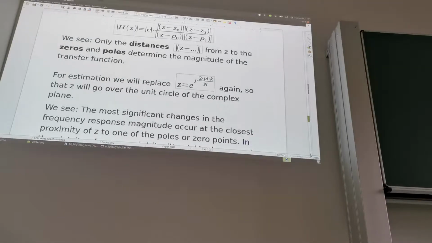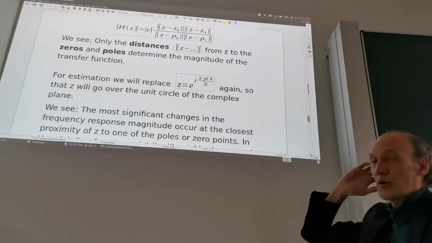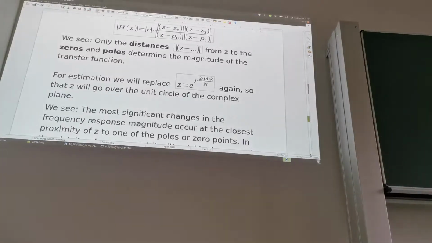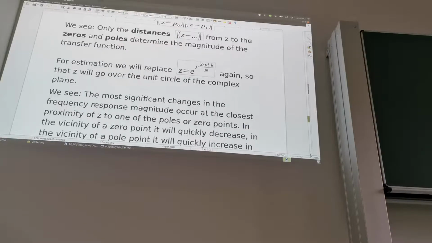Yeah, so for our estimation, we simply replace z by our points on the unit circle, so that z will go over the unit circle in the complex plane. So basically, we drive along the unit circle, starting at angle 0 and then going up.